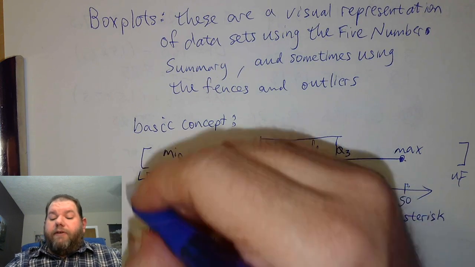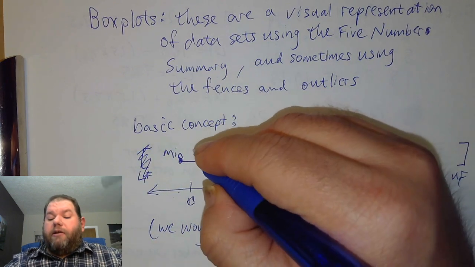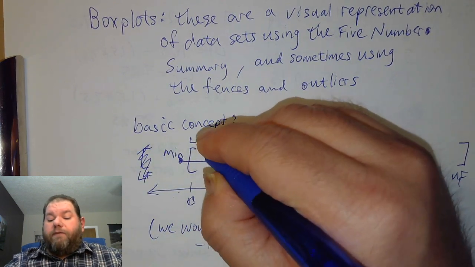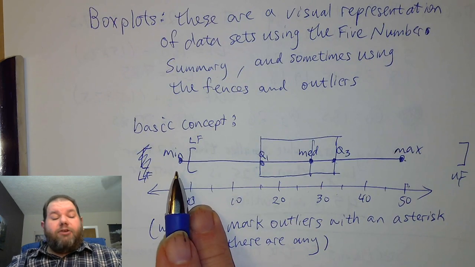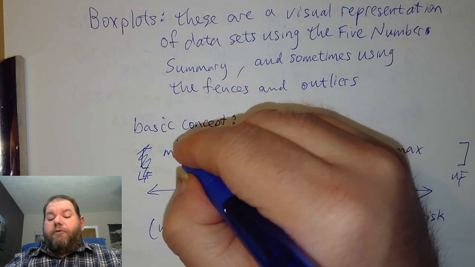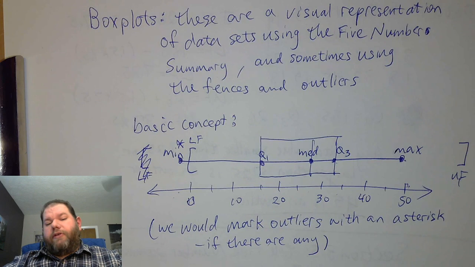So if our lower fence, instead of being right here, had been right here, that means the minimum is actually outside the fence. We would put an asterisk above it to show that that's an outlier in this scenario.